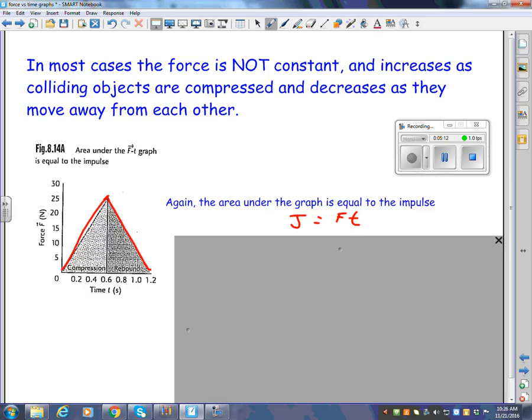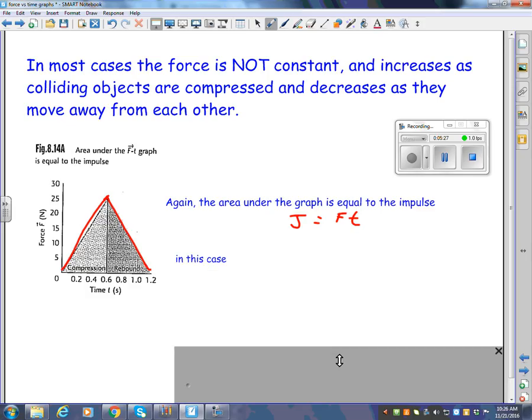Okay, so there's the compression part of the interaction, and then there's the rebound part of the interaction. In the compression part, the force will increase, and in the rebound part, the force will decrease. So as an example, what would be the impulse in a situation like this? What is the impulse? How do we do it? Find the area. It's a triangle. What's the formula for area of a triangle?